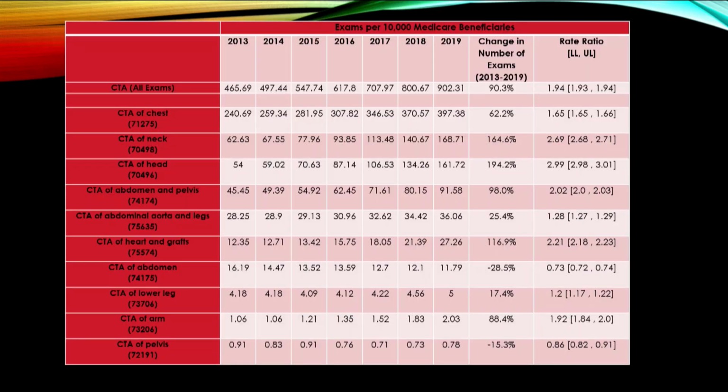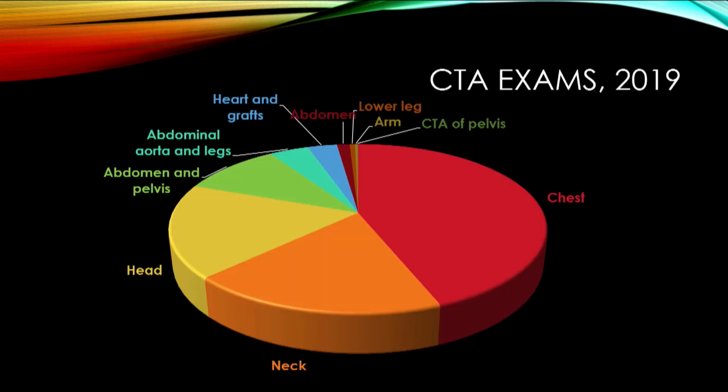CTA, on the other hand, on average saw almost a 90% increase in use, very dramatic. If we look at what CTA exams are done by body part, the majority of CTA scans are done in the chest, followed by neck, head, abdomen, and pelvis, and the others make up a small part.